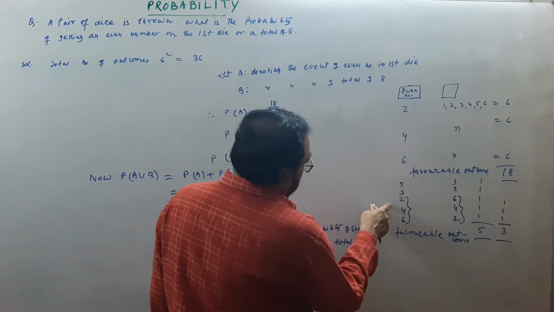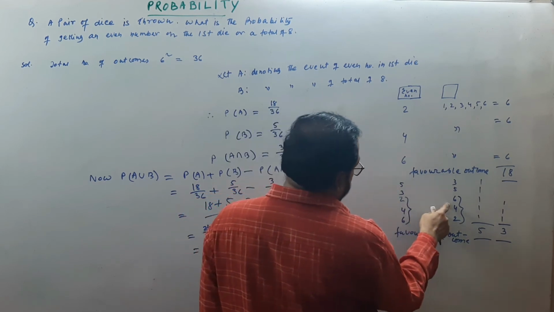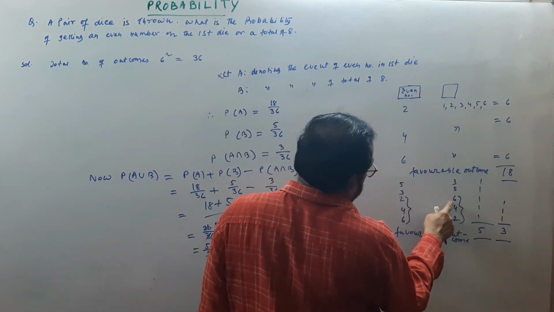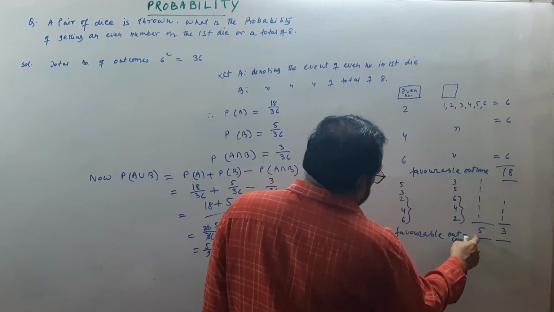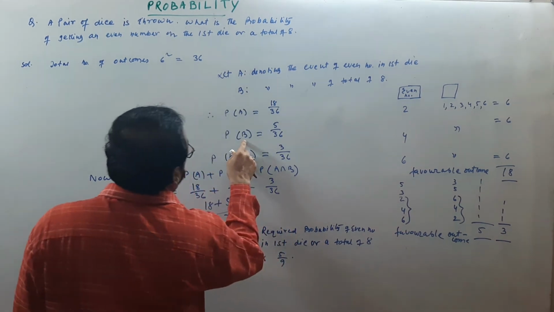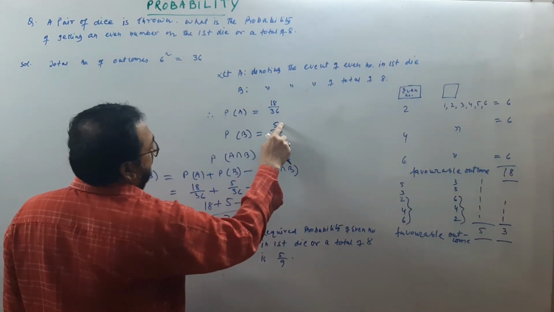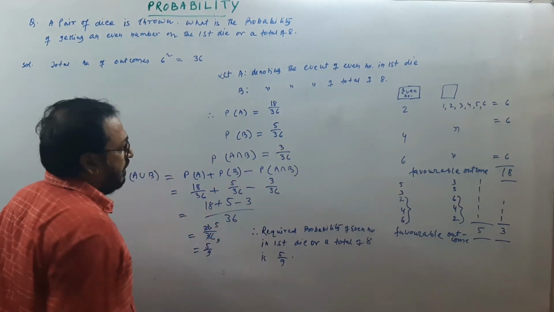In the third case, if 2 appears in the first die, then in the second die 6 has to appear to become 8. In this case the possible outcomes favorable to the event B would be 5. Therefore PB would be 5 by 36, that is favorable outcomes to the event B divided by total outcomes.